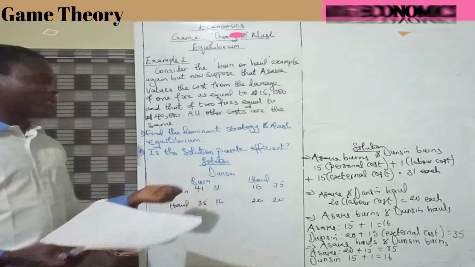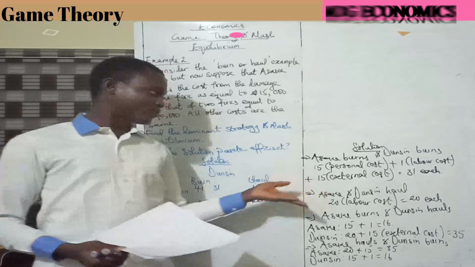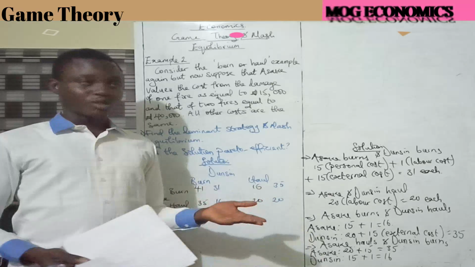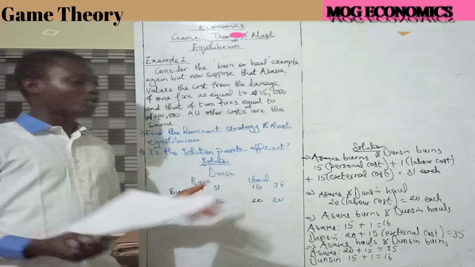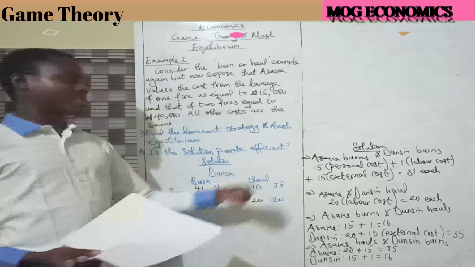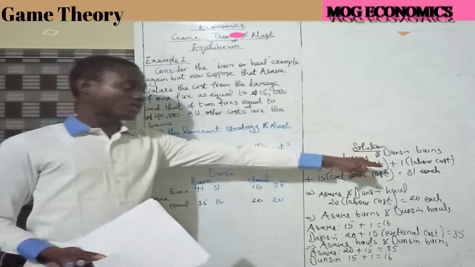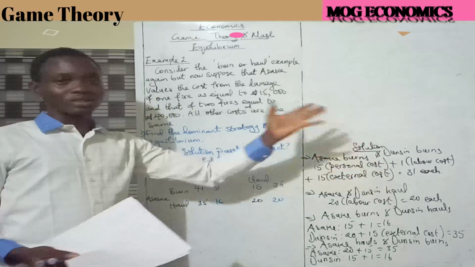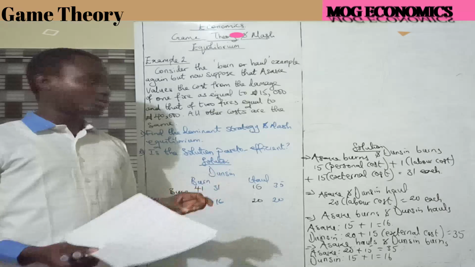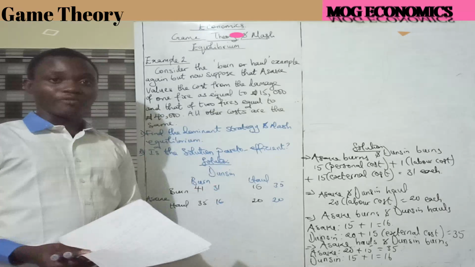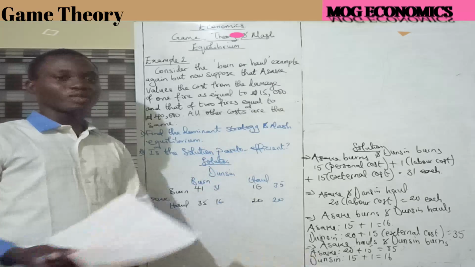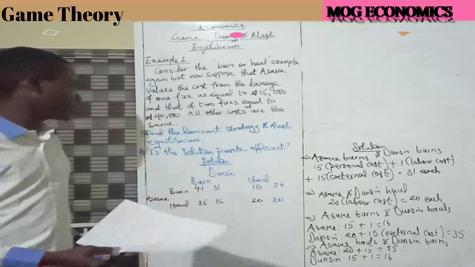So the cost of two fires for Ashake, instead of 15 plus 15, is now maybe 15 plus 25. That doesn't really break it down, but let's just say 15 plus 25, which is 40,000, and you still have the labor cost of 1,000. So the total cost when two fires are burnt at the same time is still 31 for Dunsin, according to this example, but now it is 41 for Ashake.